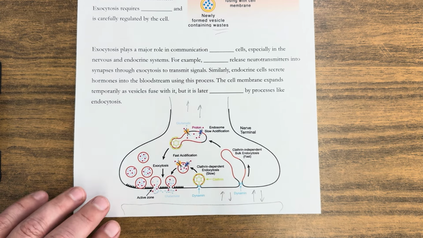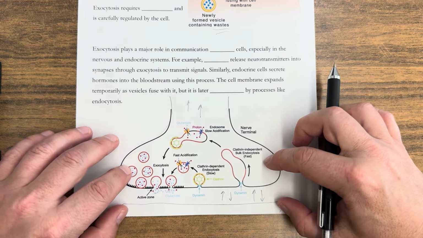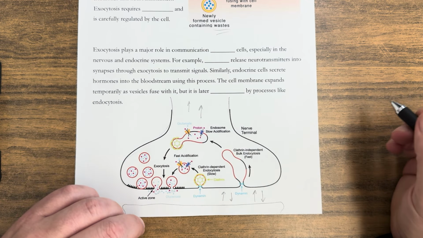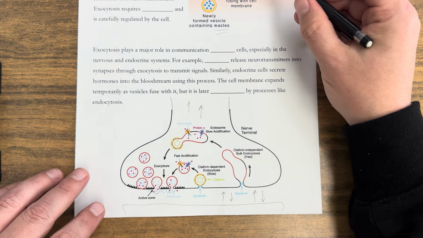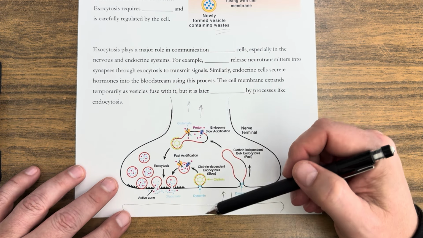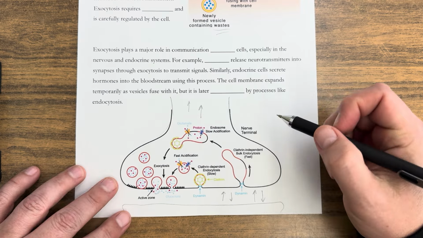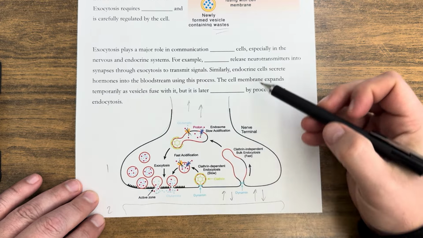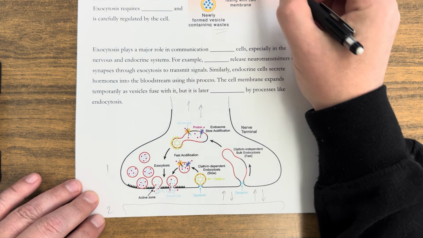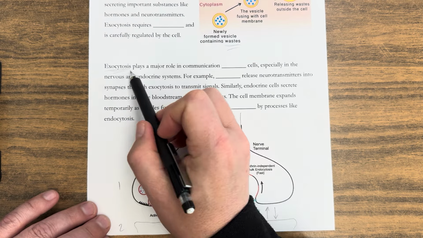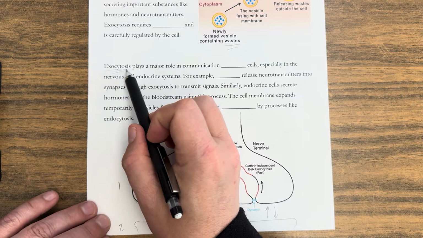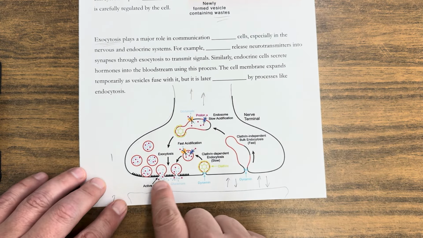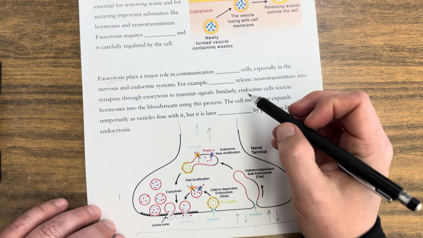We'll learn more about this in a different section. But when we talk about exocytosis, this is a prime way that these two neurons, neuron 1 and neuron 2, are going to communicate back and forth: by releasing these chemicals and neurotransmitters through exocytosis.